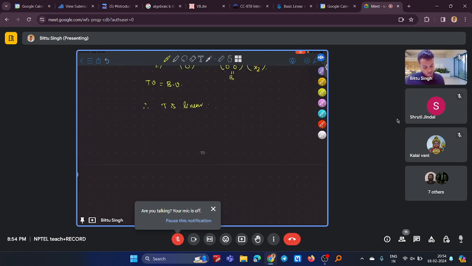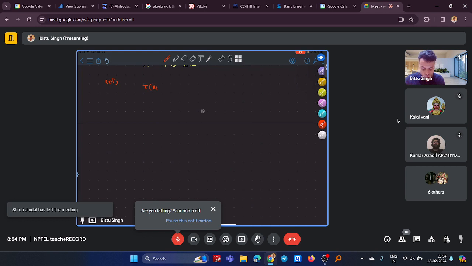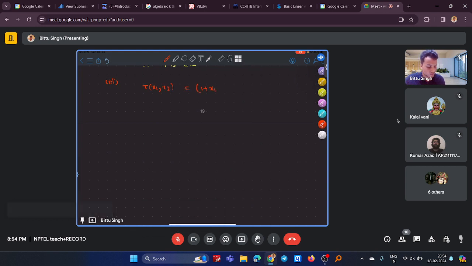Now there is another question 3. It says T of x1 x2 is the same as 1 plus x1 comma x2. What about this? This is actually not a linear transformation. Why? Because T of the 0 vector goes to 1 comma 0, which is a non-zero vector.